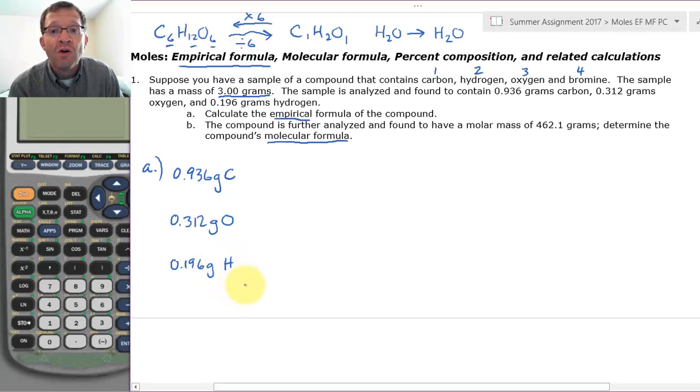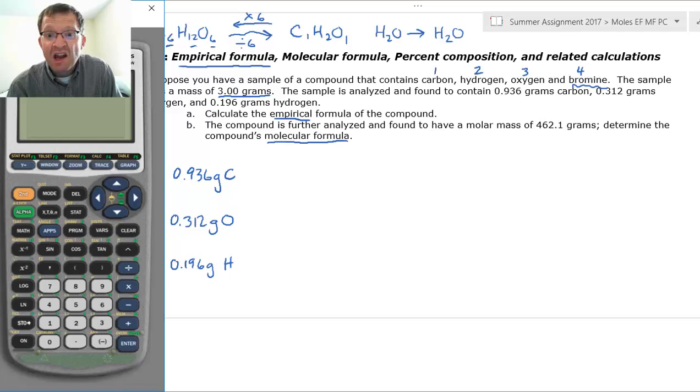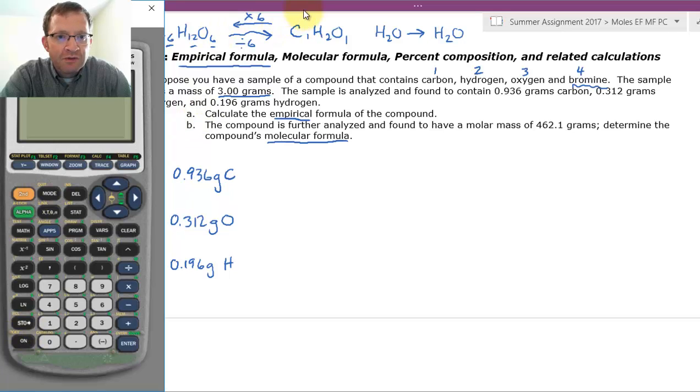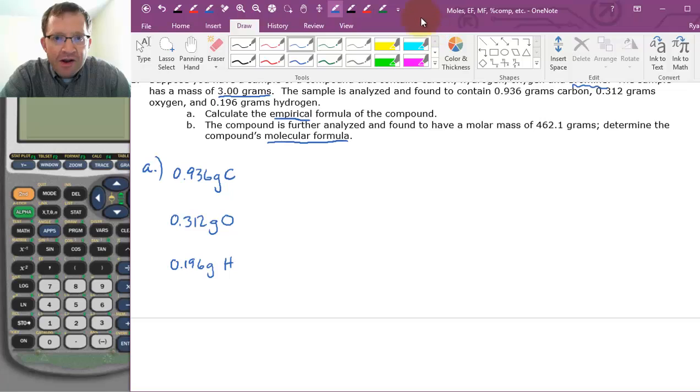I've also got some bromine in here. Remember, there's bromine involved. It didn't tell me exactly how much bromine I have, but it kind of did indirectly, right? We're going to calculate how much bromine is in the compound by just taking out those other parts. So this is relatively straightforward, but let's punch it in so you can follow along with me. It's not too difficult. You can certainly calculate it for yourself and make sure that you understand how I got it. I'm going to move my video over just a little bit, so I can see everything a bit more.